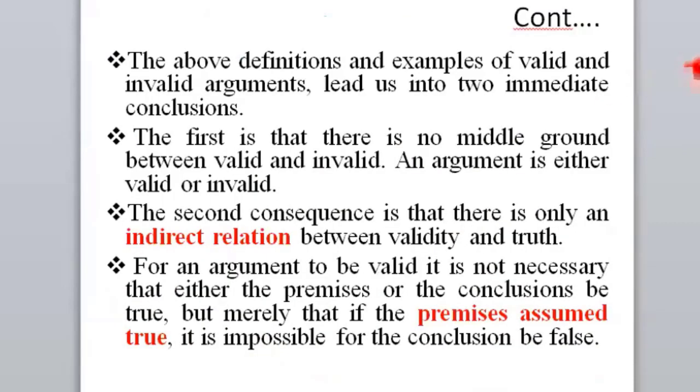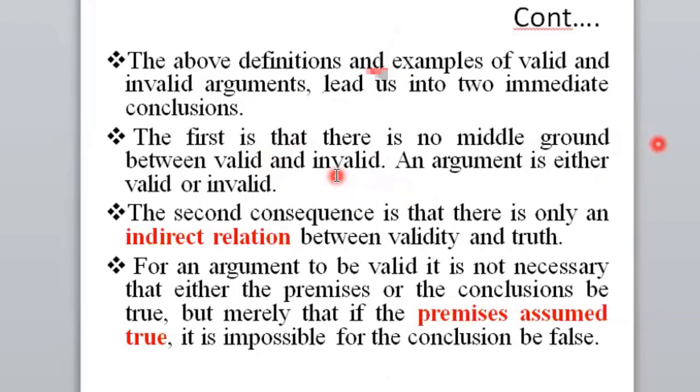So from the above two examples and definitions, valid and invalid arguments lead us to immediate conclusions. The first one is that there is no middle ground between valid and invalid.